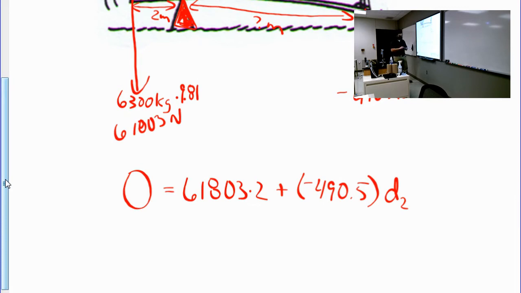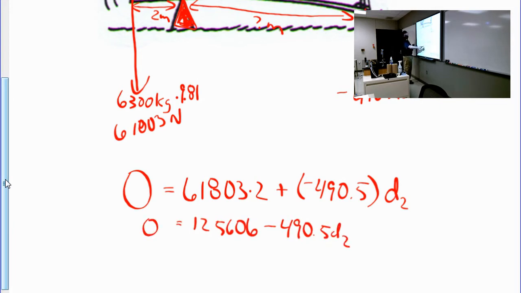618.03 times 2 is 125,606, and that's minus 490.5 d2. That equals 0. I'm going to move this to the other side, so that gives me negative 125,606 equals negative 490.5 d2.